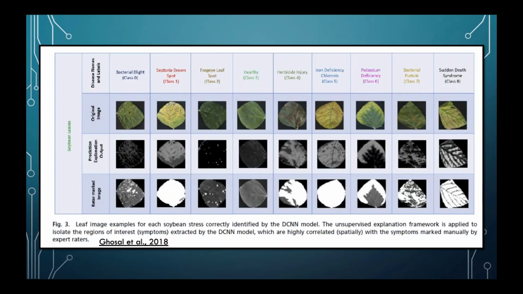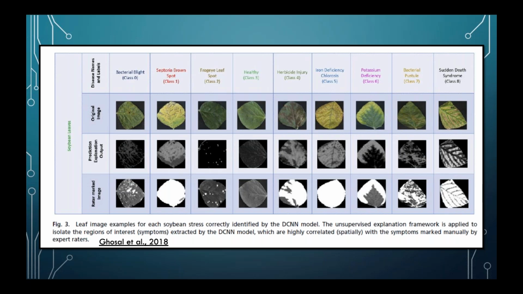So here's an image from their paper. We can see the diseases on the top, the original image, which is what we would see if we were to walk out into a field.